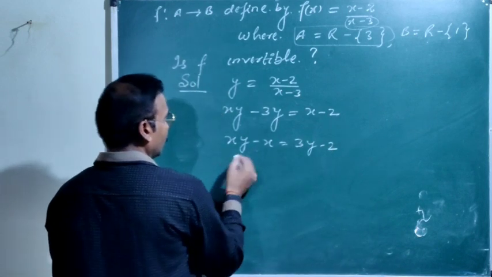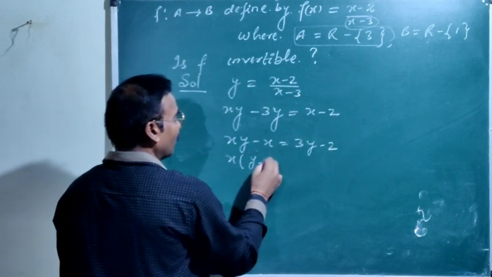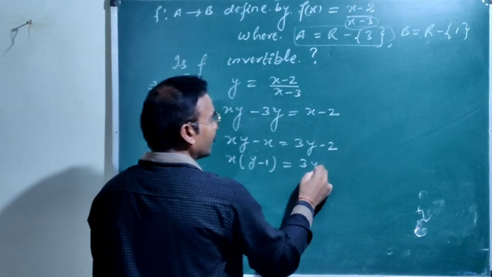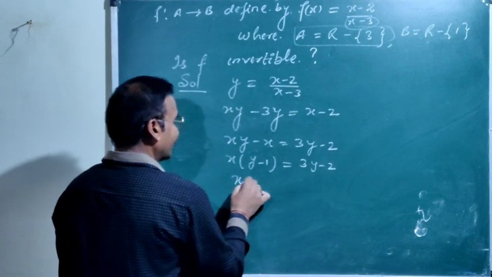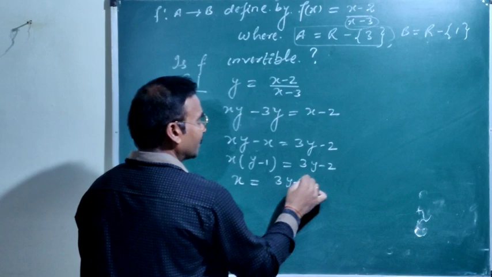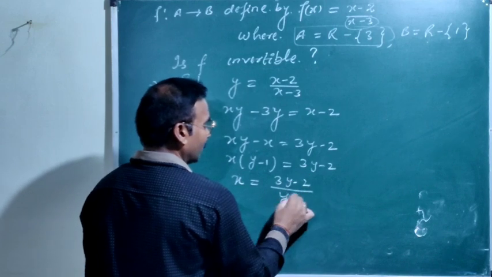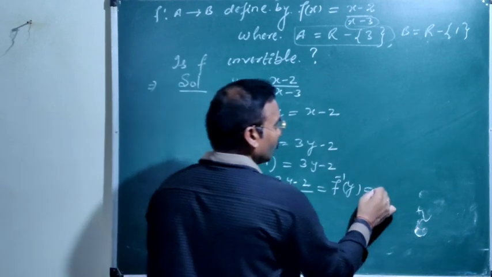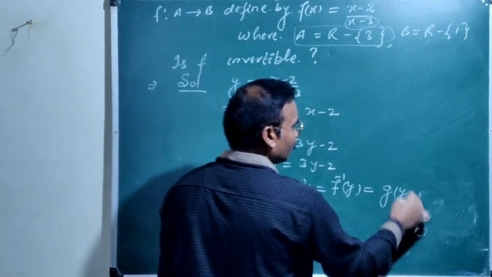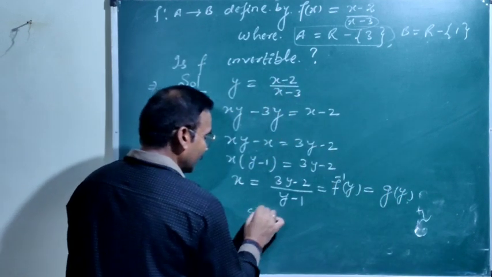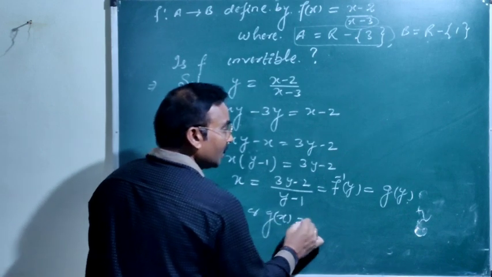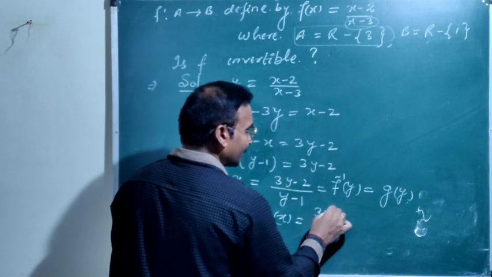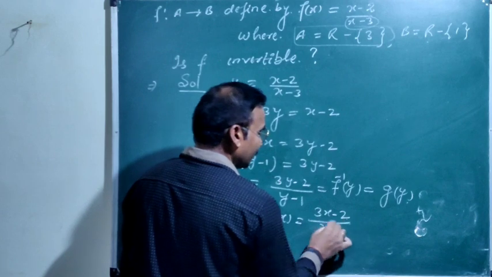Take x common: x times (y minus 1) equals 3y minus 2. So x equals (3y minus 2) divided by (y minus 1). This is f inverse of y, which is equal to g(y), or g(x). What is g(x)? g(x) is (3x minus 2) by (x minus 1).